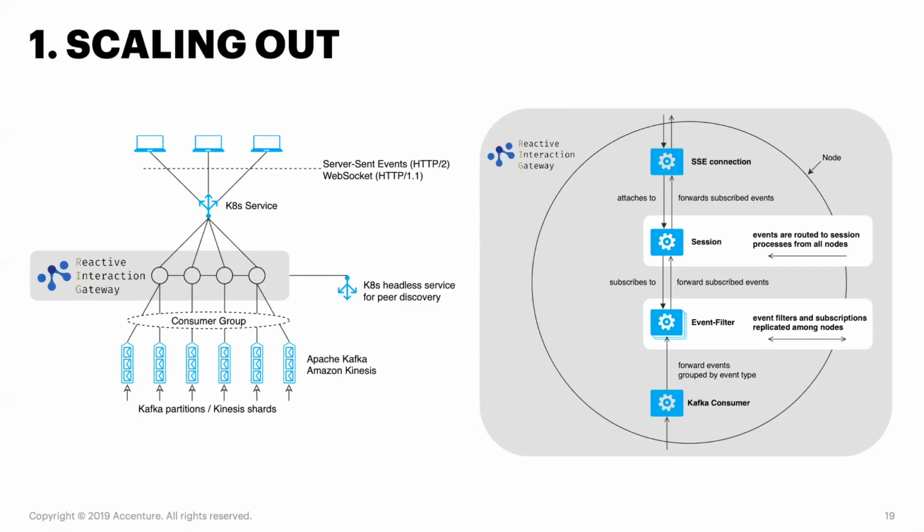Now, let's say, for example, that there are user events and the user session ID is included in the event at a specific location, so it can be extracted using a JSON pointer. And then the subscription can contain a constraint that says this session ID field has to have that value.